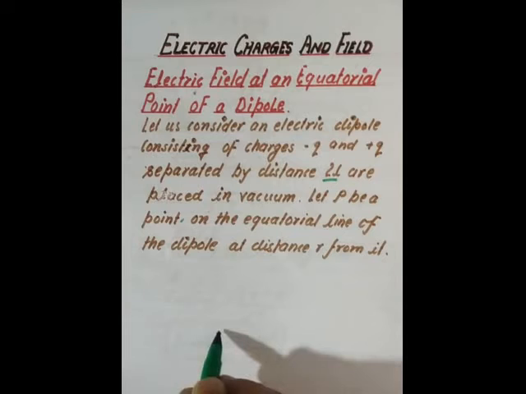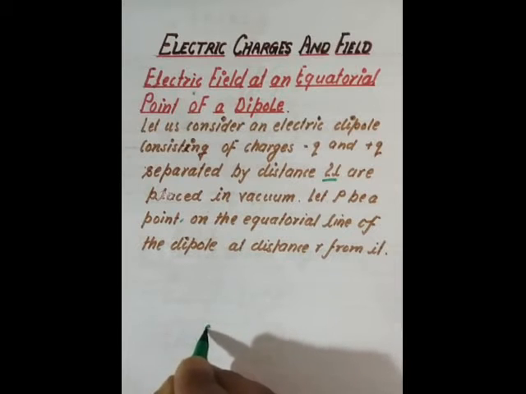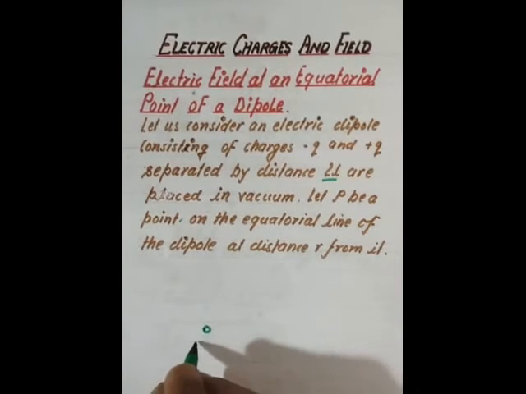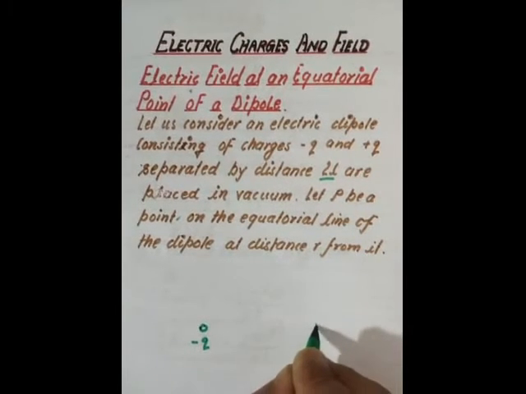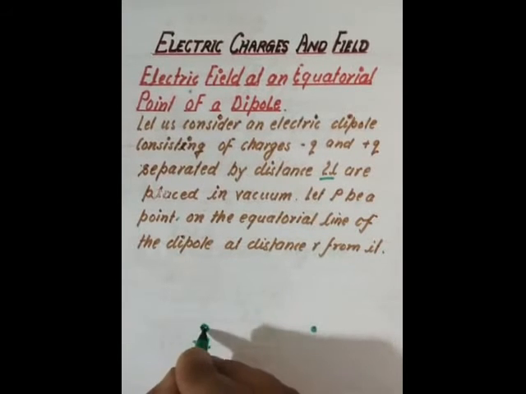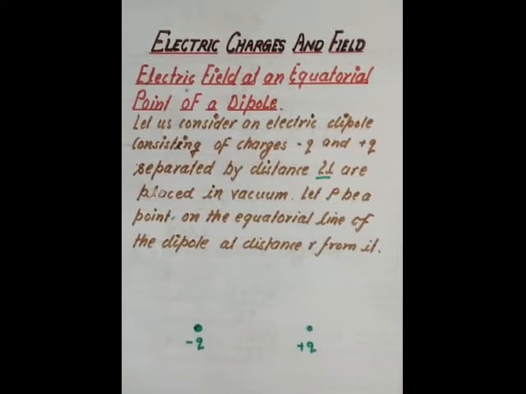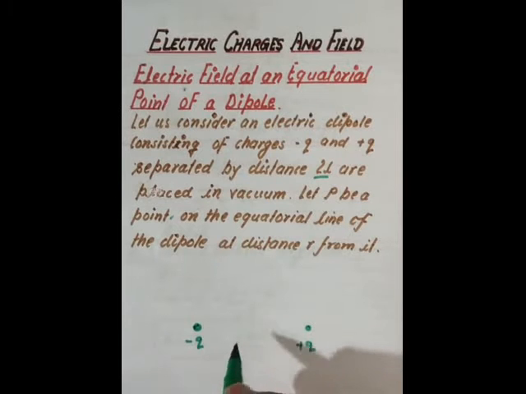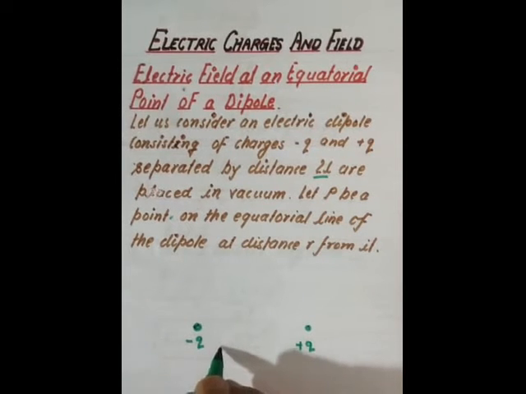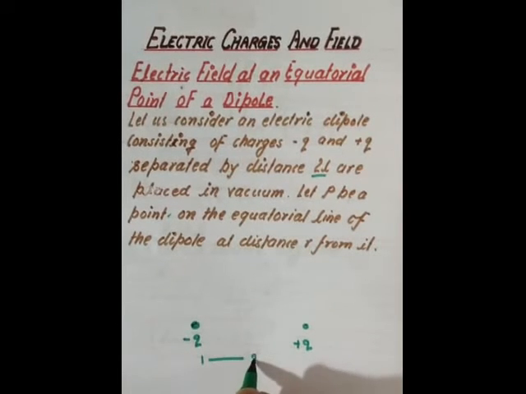Suppose this is the negative charge and this is the positive charge. We know that the distance between the two charges of the dipole should be 2L, so here we write 2L.